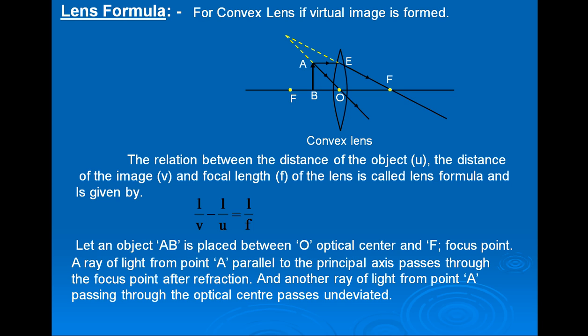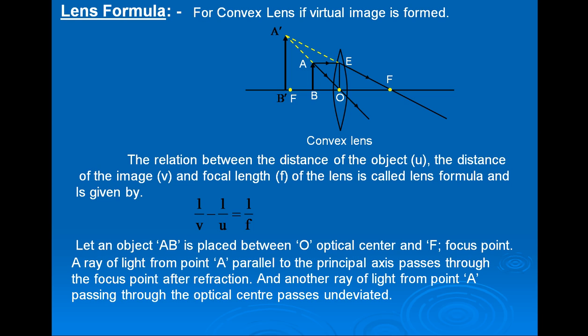Now these two rays of light are diverging and appear to be coming from point A dash. So A dash is the virtual image of point A. From point A dash, draw perpendicular A dash B dash. So A dash B dash is the virtual image of object AB.